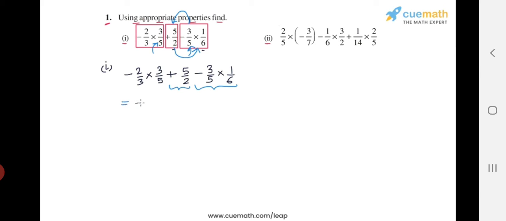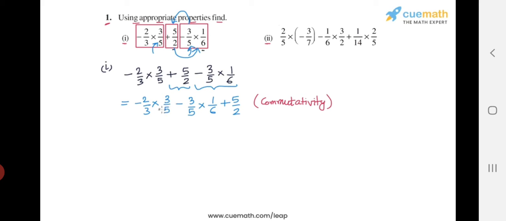So we will get minus 2 by 3 into 3 by 5, and then we have the third term, minus 3 by 5 into 1 by 6, and then we have plus 5 by 2. And why can we do this? Well, we can do this because addition is commutative. So because of commutativity of addition, we can do this.